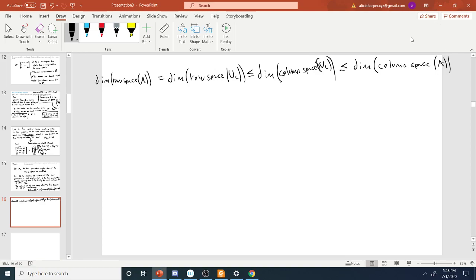So we can conclude from this that the dimension of the row space of A is less than or equal to the dimension of the column space of A. But now we can apply this to A transpose.